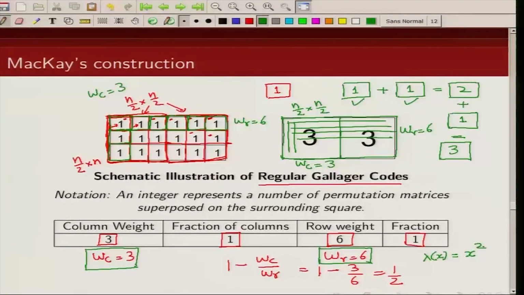So, the degree distribution for the columns of this regular LDPC code will be x squared. Similarly, the row distribution here, because all the nodes have row weight 6, will be x raised to 6 minus 1, that is x to the 5. So, that is how we write the degree distribution.